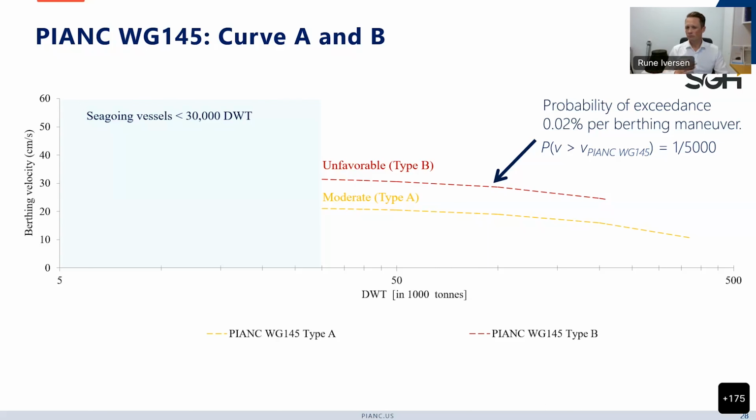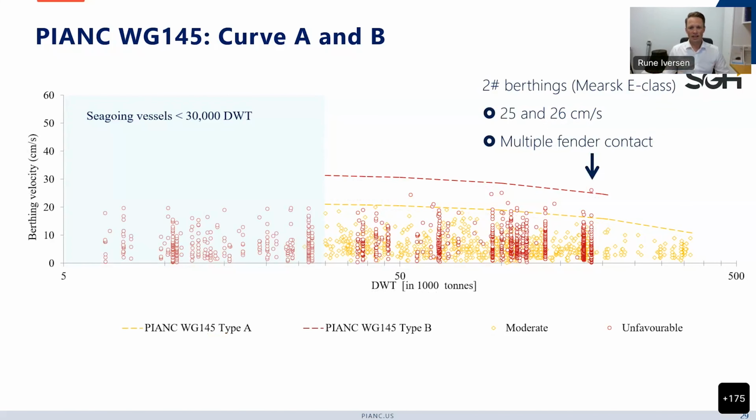And we saw how this velocity actually develops as you go up in vessel size. This is how the curves actually compare to the measured data. So you can see your design velocity was much higher than almost all of the data points that you have recorded.